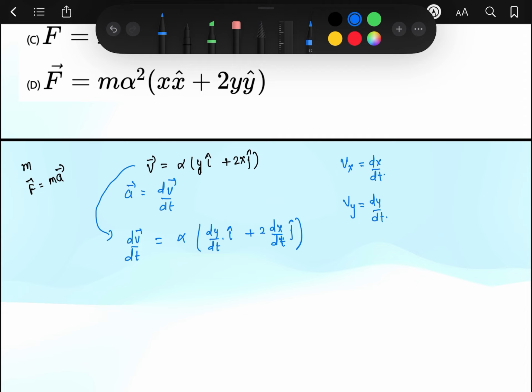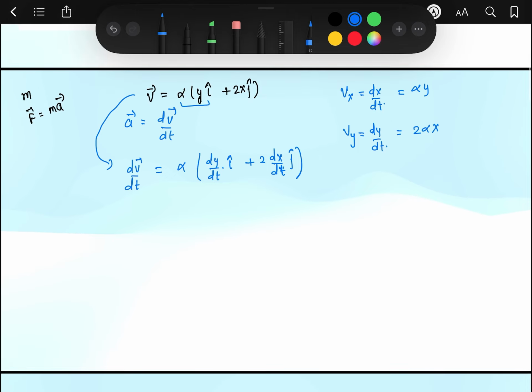Now since vx is equal to dx by dt, the component of velocity in the x direction, that is equal to alpha y from this equation, and similarly the component of velocity in the y direction, dy by dt, is equal to 2 alpha x.